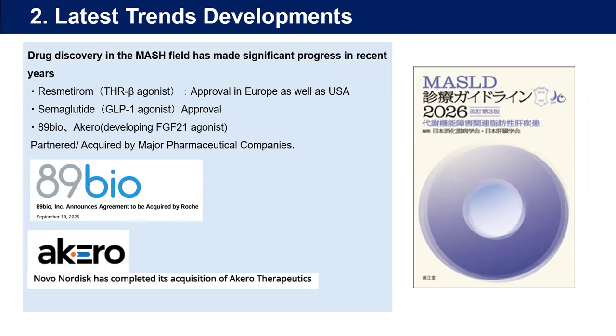Metabolic targets are taking center stage. The market is also beginning to see significant movement. These are the current trends. Given this trend, the question of which model to use to replicate which disease state is becoming more important than ever. Okay, we'll go to the next page.